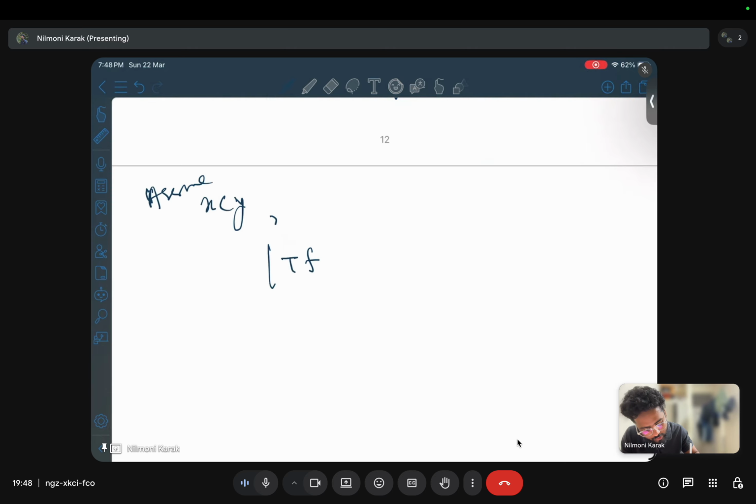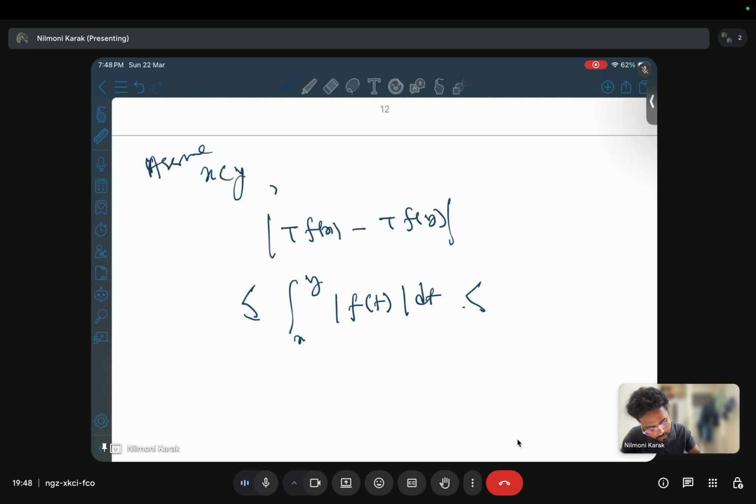Then |T f(x) minus T f(y)| is less than or equal to the integral from x to y of |f(t)| dt, and this is less than or equal to |x minus y|.